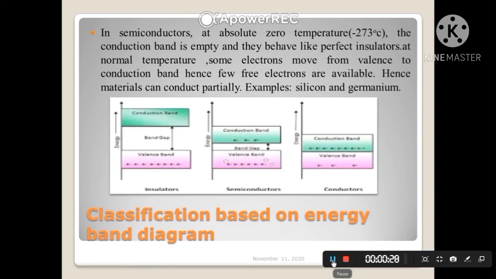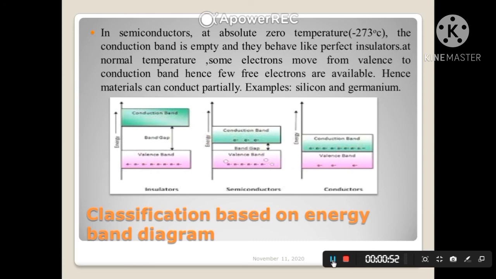Next, semiconductor. At absolute zero temperature, that is minus 273 degrees Celsius, the conduction band will be empty and it behaves like a perfect insulator. At normal temperature, some electrons will move from the valence band to the conduction band, hence a few electrons will be available. So the material can conduct partially.